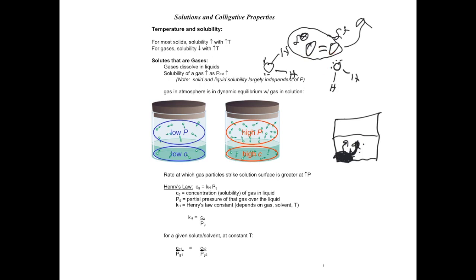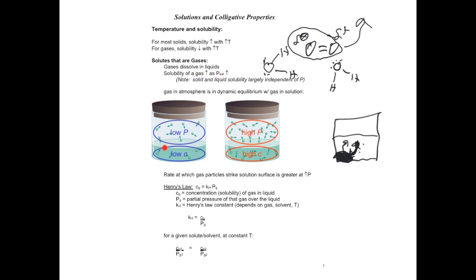Now the other thing that comes into play, and this is one of those funny things again that can help you explain something that you are very familiar with because you've experienced it before in your life, I guarantee it, is that a gas's solubility is directly proportional to the partial pressure of that gas above that liquid. If I increase the partial pressure of that gas above the liquid, the solubility of that gas also increases.